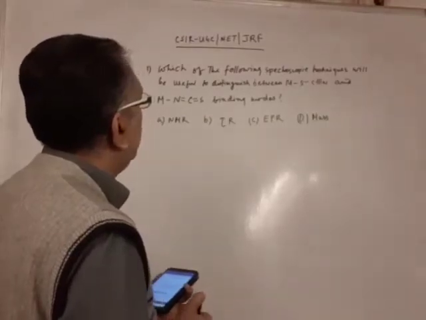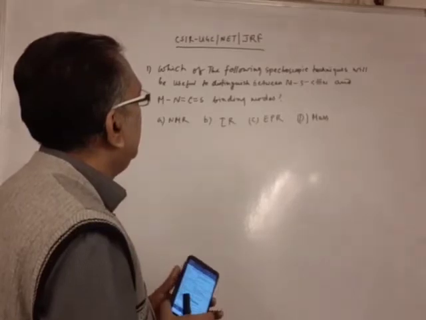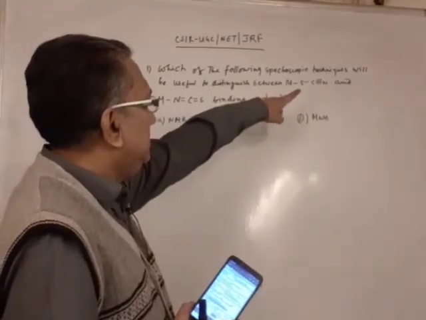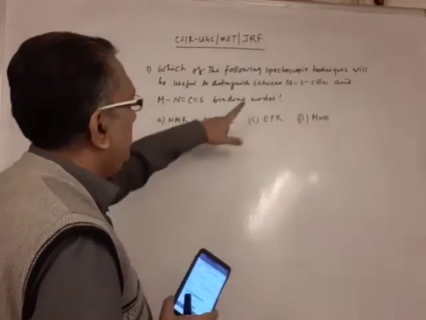Which of the following spectroscopic techniques will be useful to distinguish between M-SCN and M-NCS binding modes?